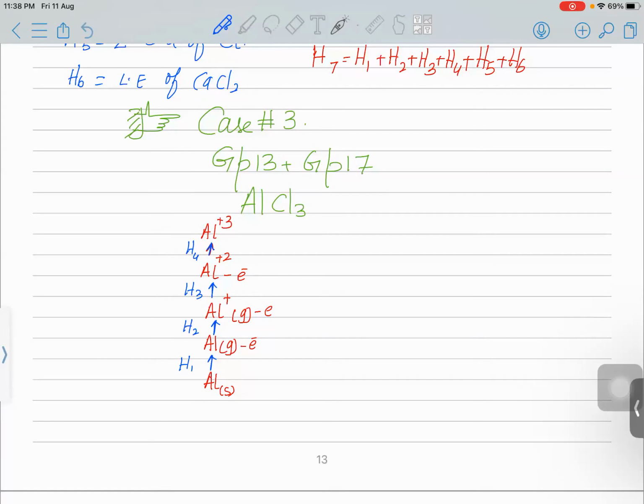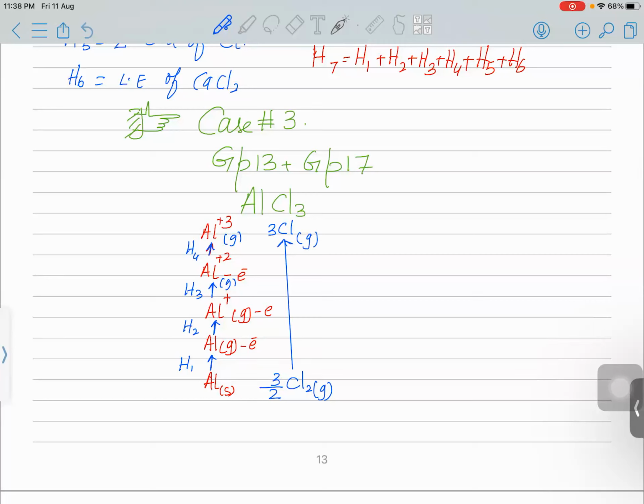Then all should be in the gaseous state, so we start with chlorine gaseous. How many chlorine are required? 3. So you write 3/2 Cl2. 3 chlorine gaseous.